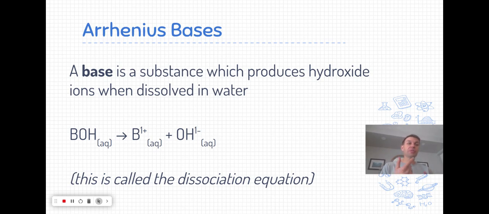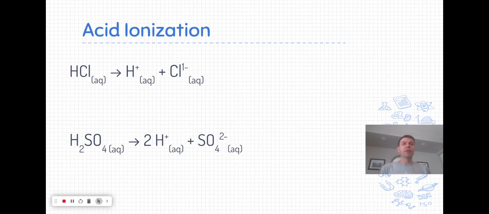And it is two specific chemicals which give these substances their properties. It is the hydrogen ions which give a substance its acidity, and the hydroxide ions which give a substance its basicity. Let's look at the ionization equations for two common acids.